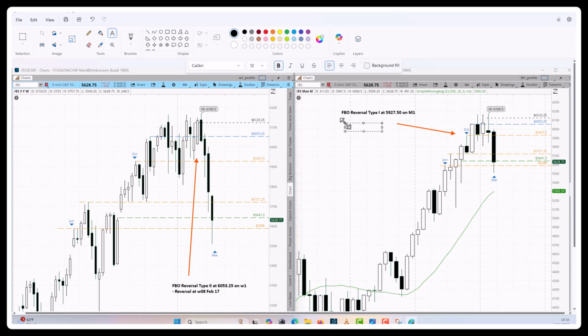In here, the reversal happened in March, on a Monday. On a weekly, you can see that it starts happening in the week of February 17, week 8.